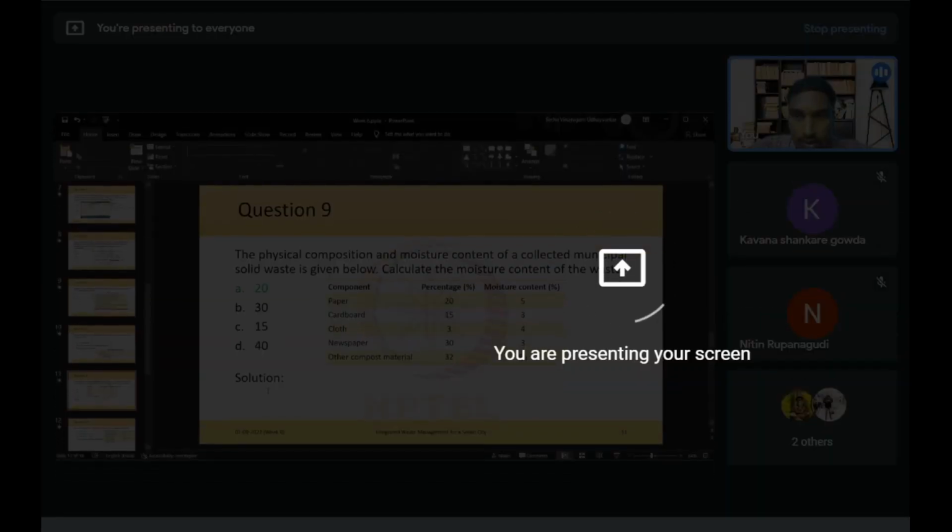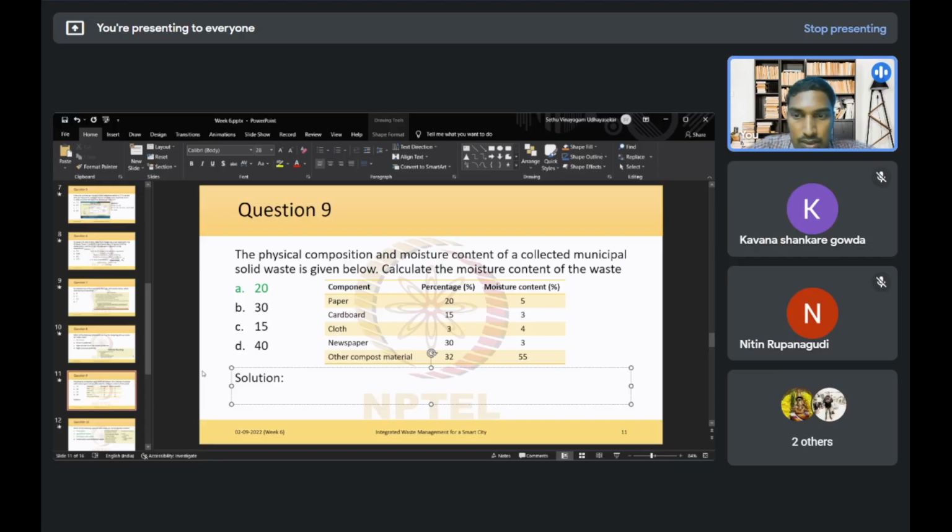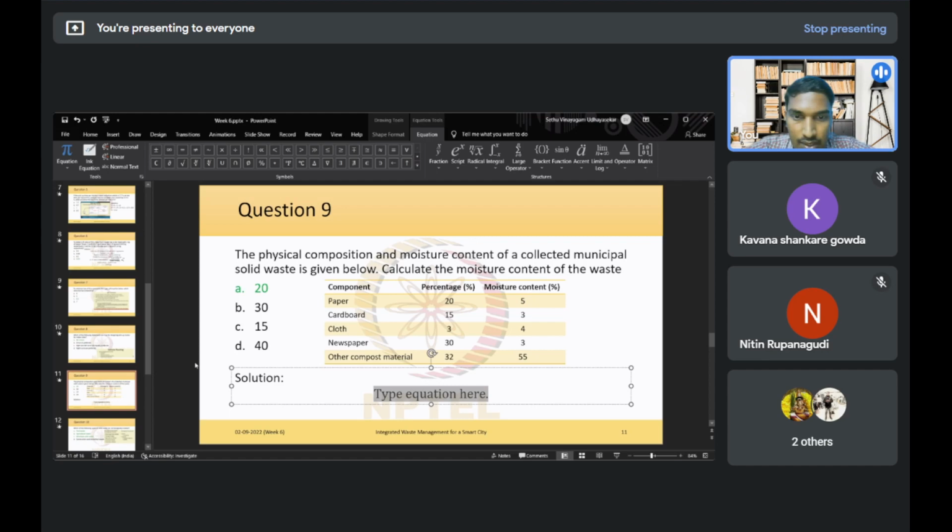Okay, so let us see how to solve it. We need to know the moisture content of the mixture. We have different components, we know the individual moisture content, and we also know the percentage of these different components. So all we need to do is take a weighted average of these moisture contents, and the weightage is nothing but the percentage content of these components.